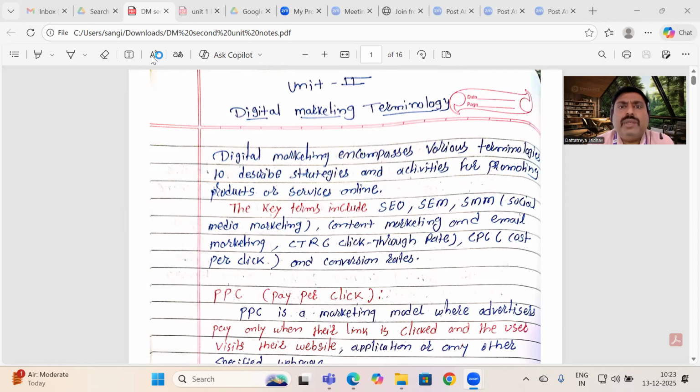The key terms in digital marketing terminology are SEO, that is search engine optimization, SEM, SMM, that is social media marketing, content marketing, email marketing, then CTR, that is click through rate, then CPC, cost per click, and the conversion rate. So these key points will be considered for your digital marketing terminology. We learn that concept in this unit in detail. Each and every parameter we go through with a detailed study.